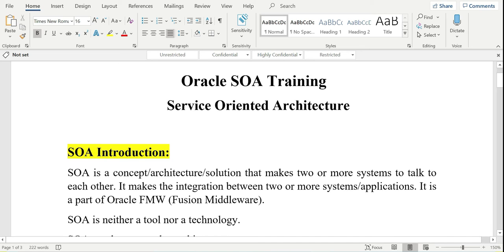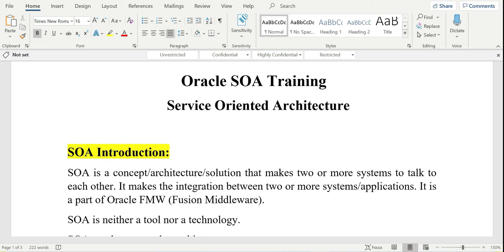So what is SOA actually? SOA is service-oriented architecture. I have heard from many people that SOA is basically a tool or a technology used for integration purposes. But believe me, SOA is neither a tool nor a technology.